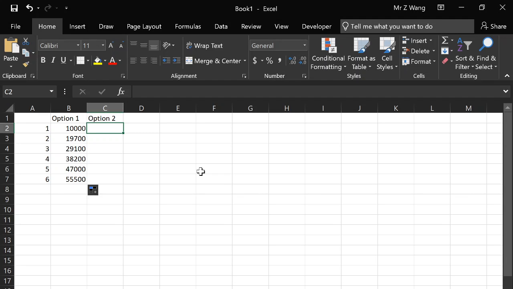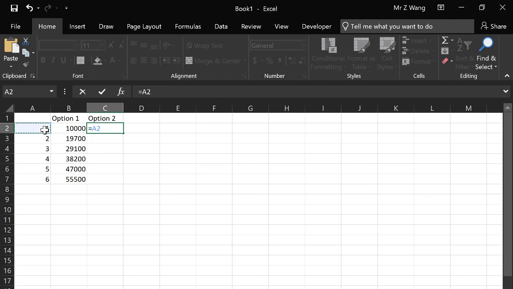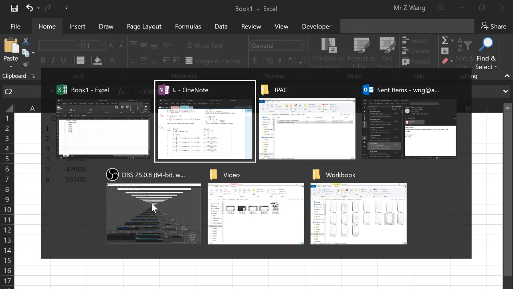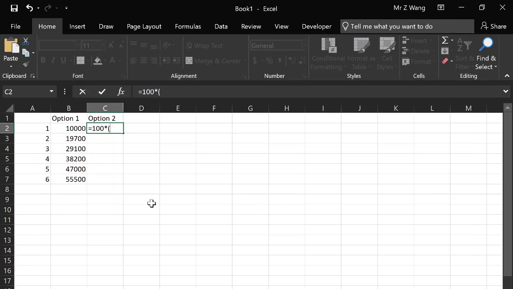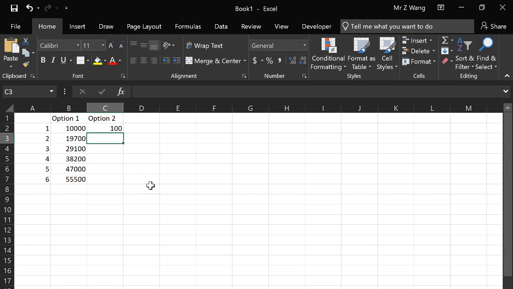Now this one is equals to A1, 100 times 1 minus 3 to the power of n divided by 1 minus 3.